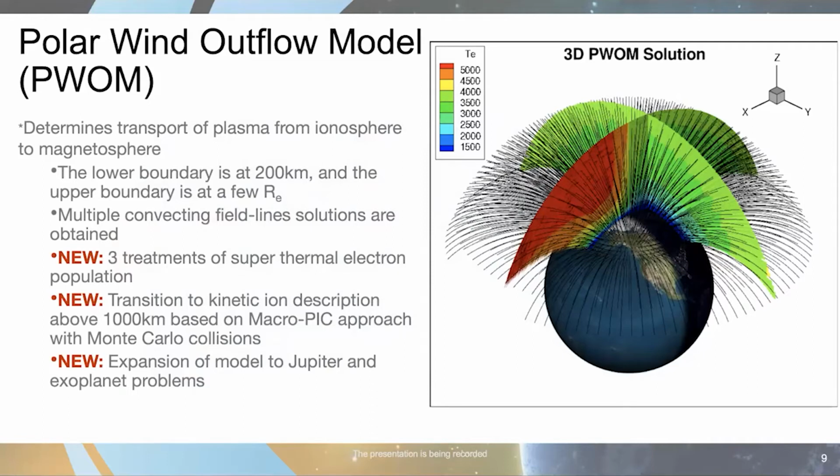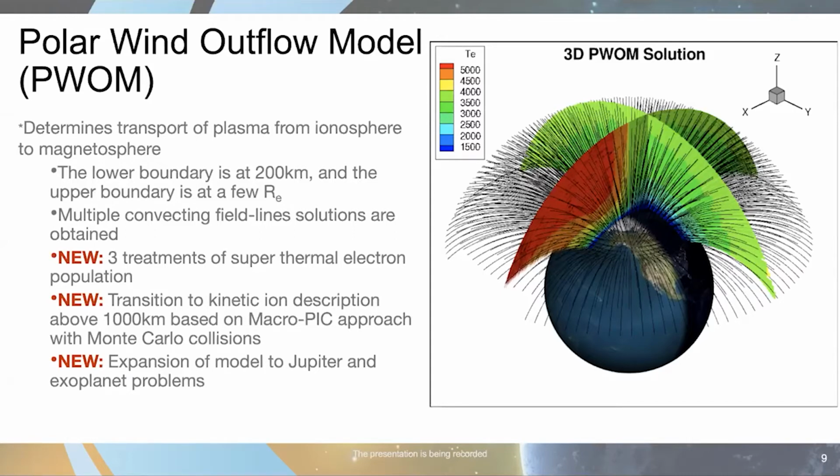We get a single solution along a single field line, but we solve for hundreds of field lines, which move around, and that lets us reconstruct the 3D global solution.